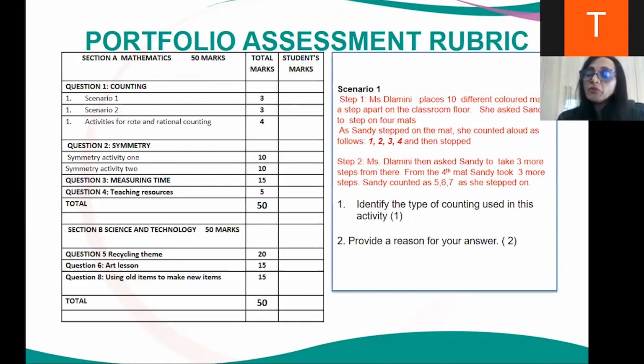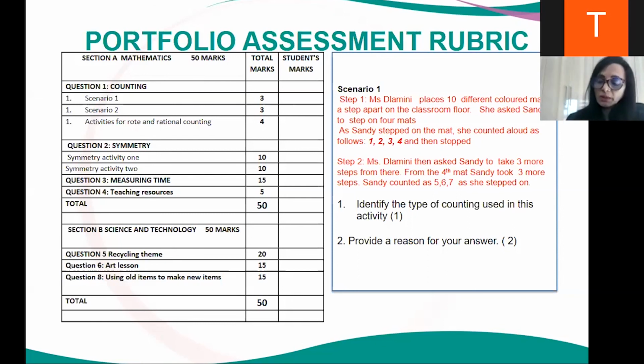From the 4th mat, Sandy took 3 steps. Sandy counted as follows: 5, 6, 7, as she stepped on. Okay? Identify the type of counting used in this activity. Is it rote counting or is it rational counting? And then provide a reason for your answer.